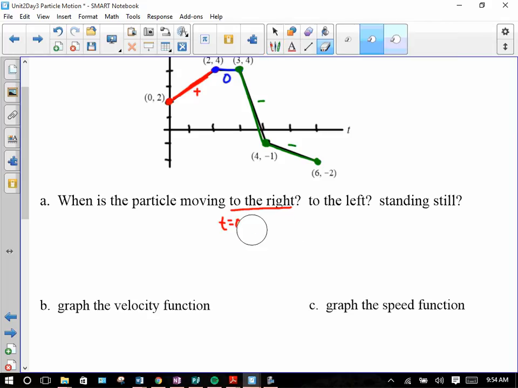A better way to write that would be the interval 0 to 2. Whenever the slope of the position function is negative, we're moving to the left, so we move to 6.